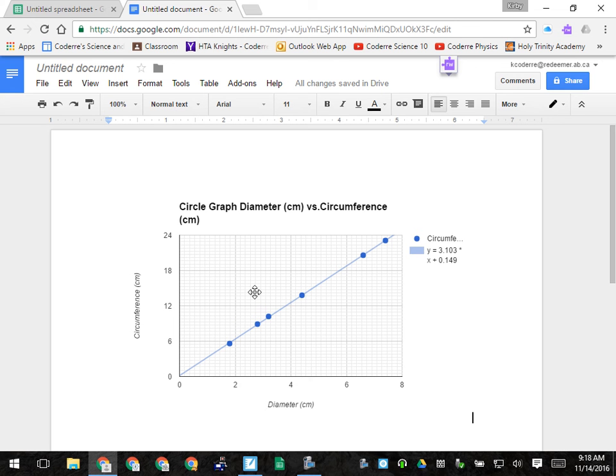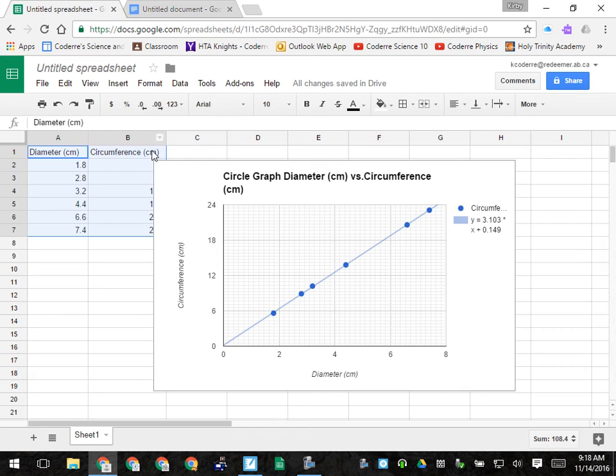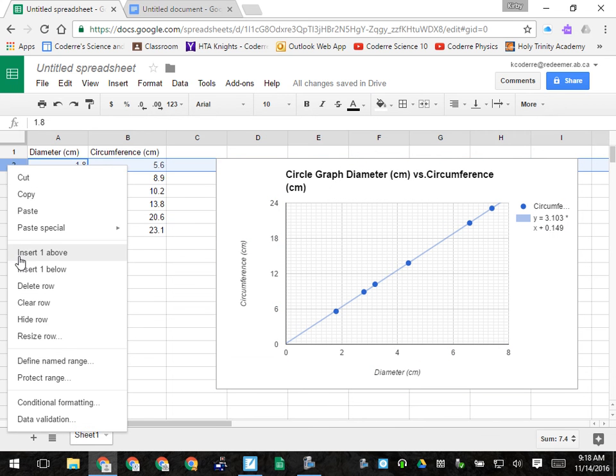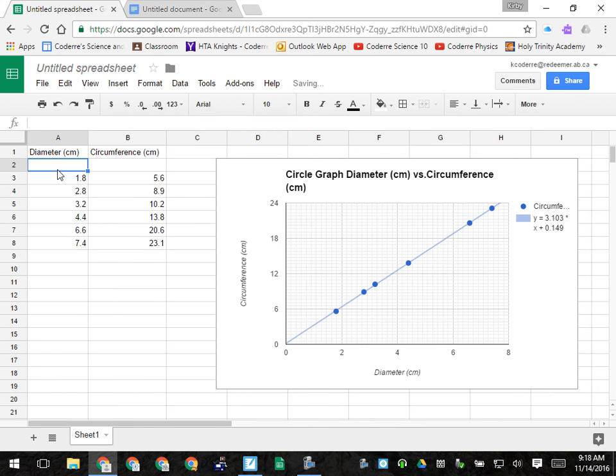So if I go back now, let's just say I'm going to change one of the points here. I'm going to add in another point. I'm going to put in 0 and 0 and see if that changes anything. Look at that.